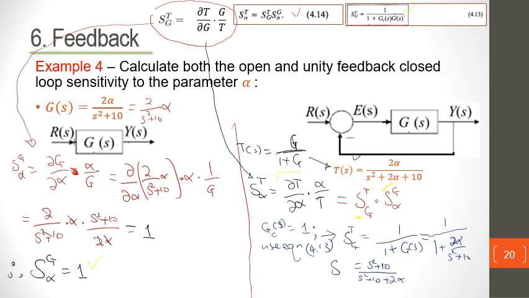So this is the sensitivity of the closed loop transfer function with respect to G.